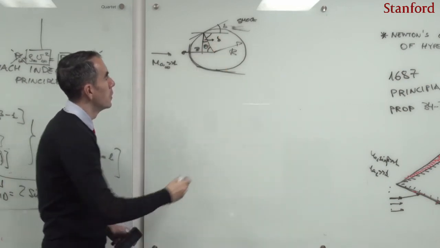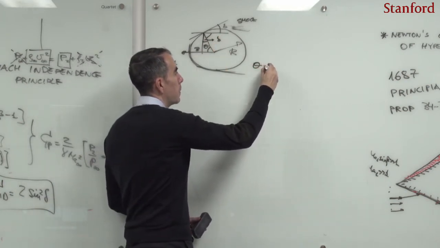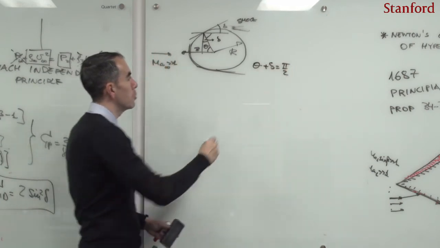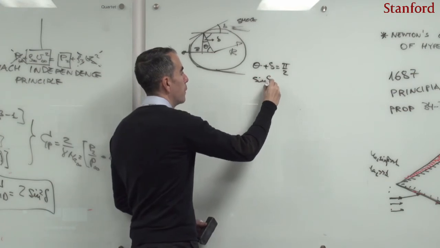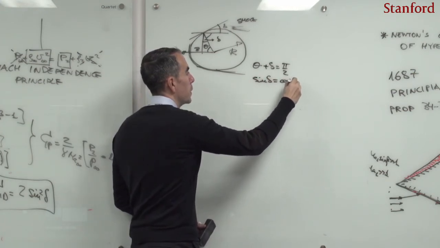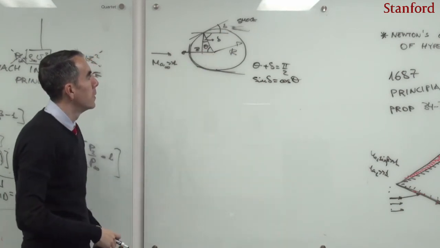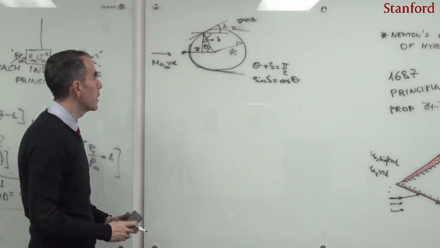So I can see that theta plus delta is equal to pi halves, and as a result, the sine of delta is going to be equal to the cosine of theta. The reason why I'm operating with theta is because I'm going to be using spherical coordinates.